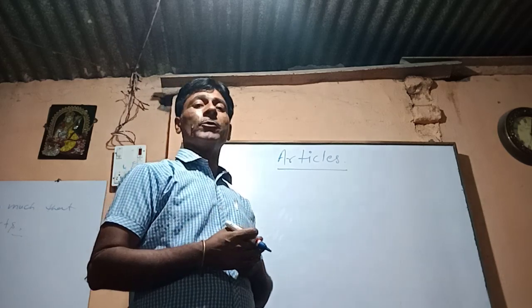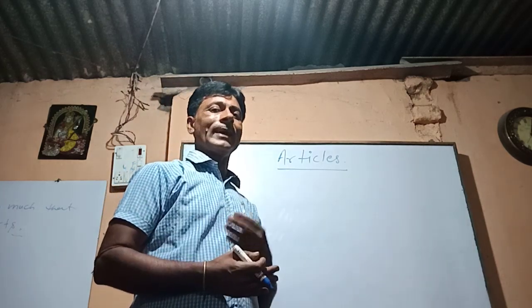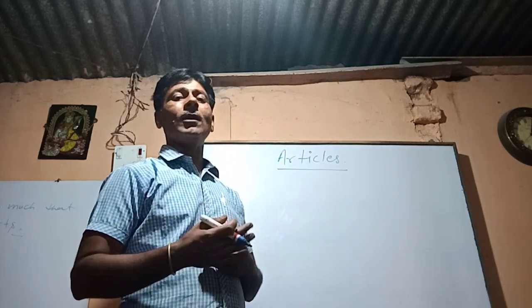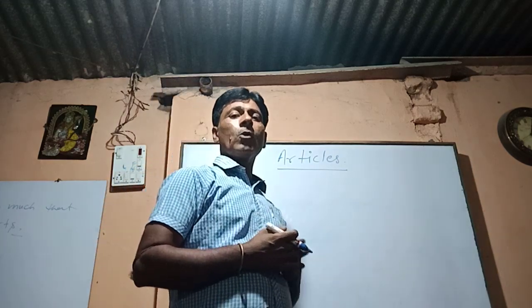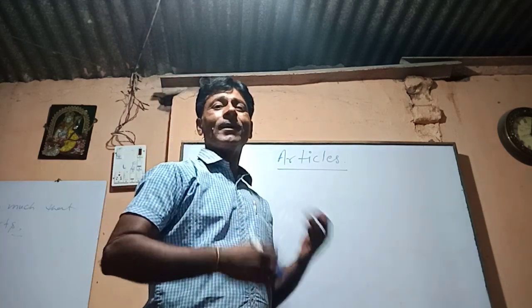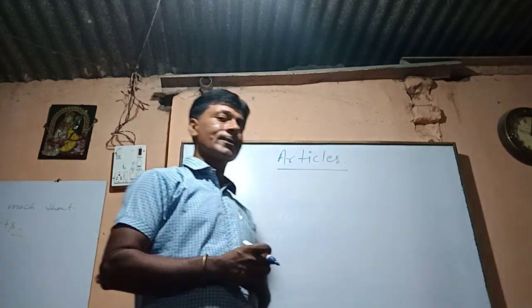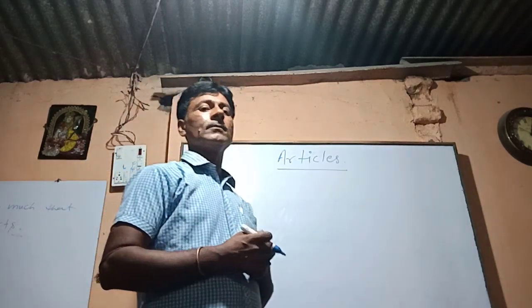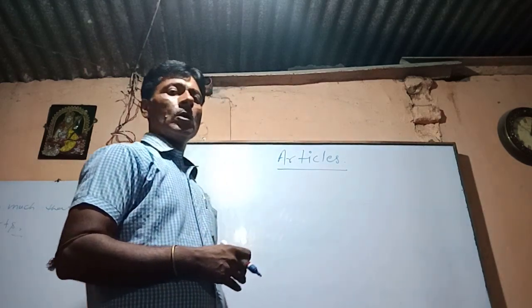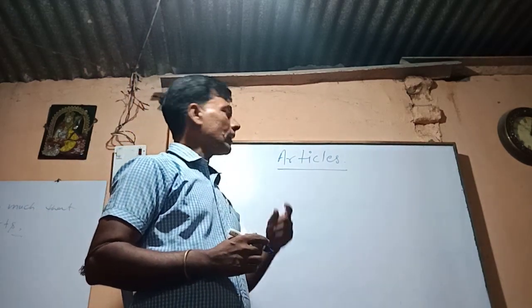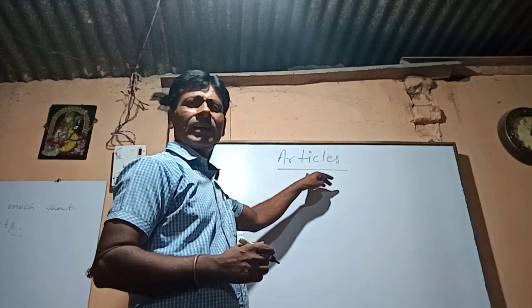Sometimes students get confused as to where to use A, where to use the. In this video, we are going to have a better concept about what is an article and what are the uses of A and the.